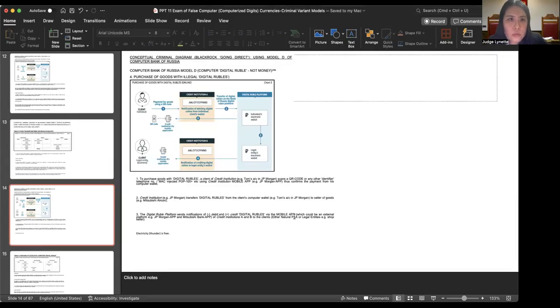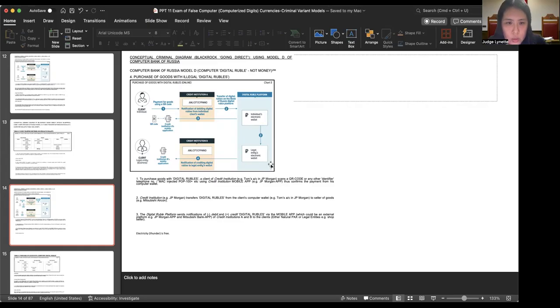So this is the Computer Bank of Russia Model D purchase of goods with illegal digital rubles, and this is the diagram which shows when the end user scans the QR code or an identifier, which is like a MAC, middle access controller, generator or number injected in the population, plus emitting numbers, and confirms payment from the computer wallet.